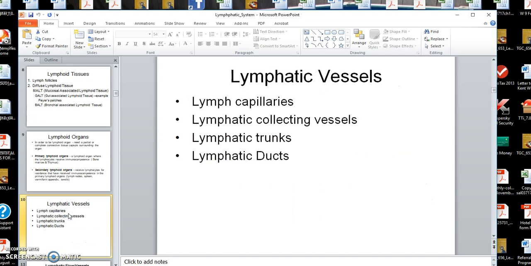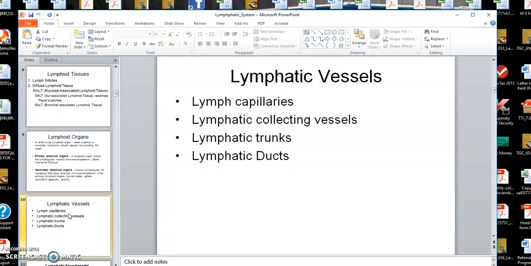Okay? The lymphatic vessels basically start as lymphatic capillaries. Then the capillaries coalesce together. Several of them come together to form collecting vessels. Then several collecting vessels come together to form lymphatic trunks. And then several lymphatic trunks come together to form lymphatic ducts.